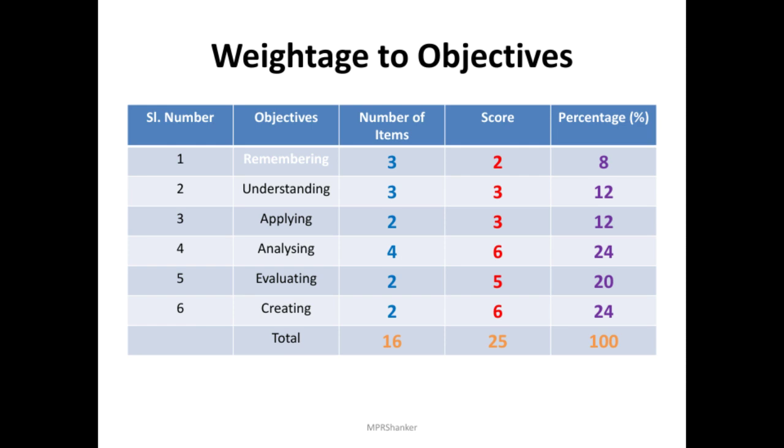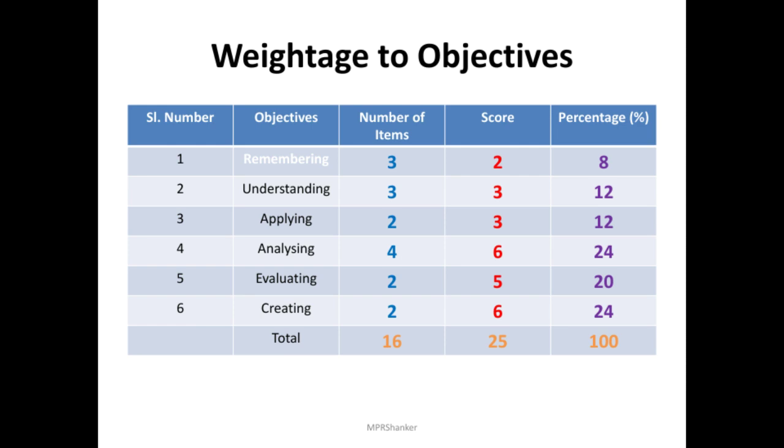In the weightage to objectives, we have to look into the number of items for each objective and the corresponding score for each objective. The table weightage to objective includes serial number, the objectives, number of items, score, and percentage.